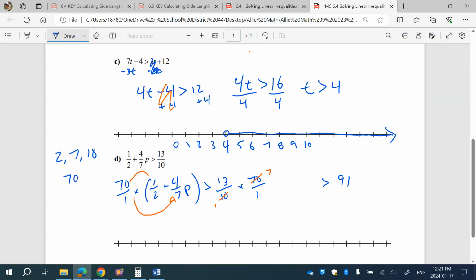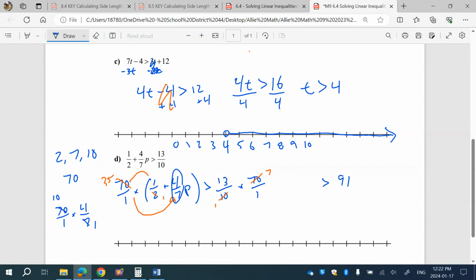And on this side, we can do some cross-reducing as well. 2 goes into 2 once, and 2 goes into 70 35 times. And when we multiply it in here, when we do the 70 over 1 times this coefficient right here, 4 over 7, we can cross reduce as well. 7 goes into 7 once, and 7 goes into 70 10 times.